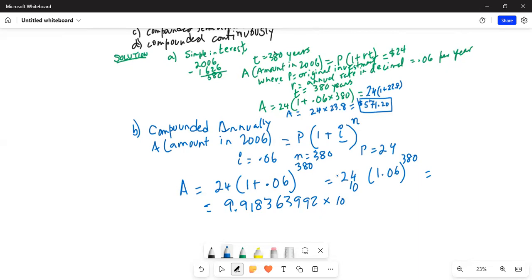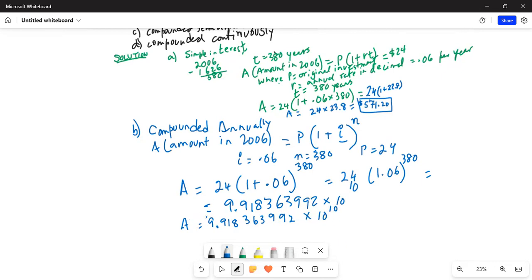So you can see the final amount, if you have just compounded annually, is 9.918,363,992 times 10 to the power of 10.